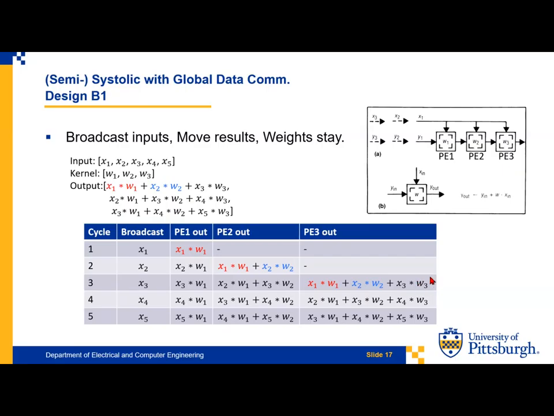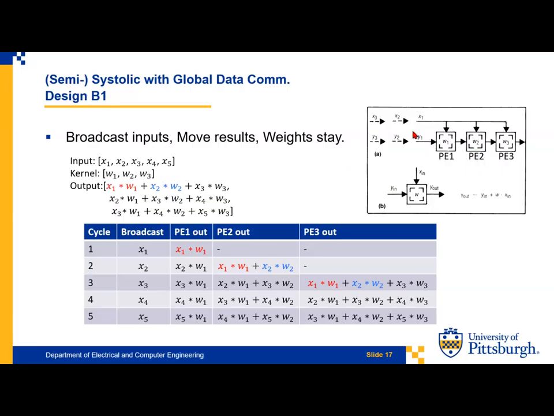So here at the third cycle, we get the first element of the convolution output. So following this step, we could use the systolic architecture to do the 1D convolution.